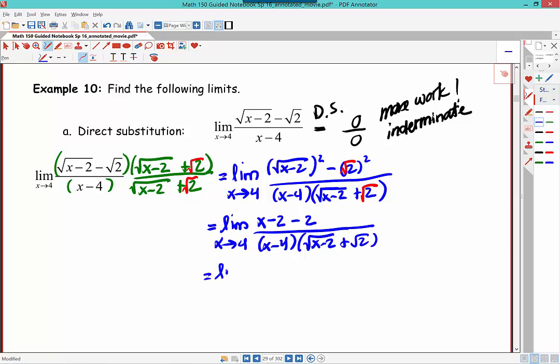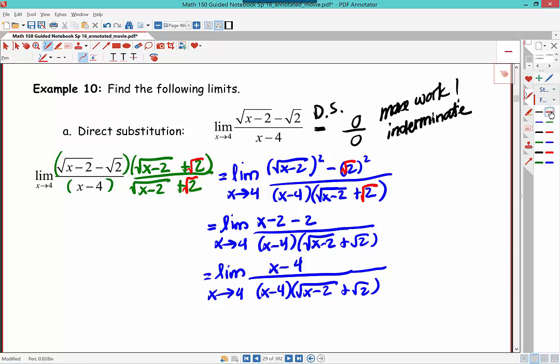And we have x minus 4 in the numerator now over quantity x minus 4 times quantity root x minus 2 plus root 2. And the x minus 4's divide out.